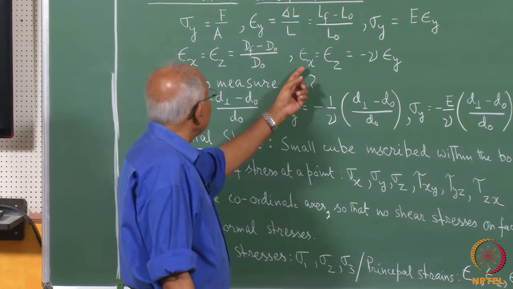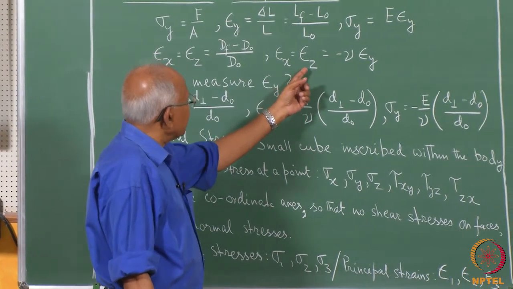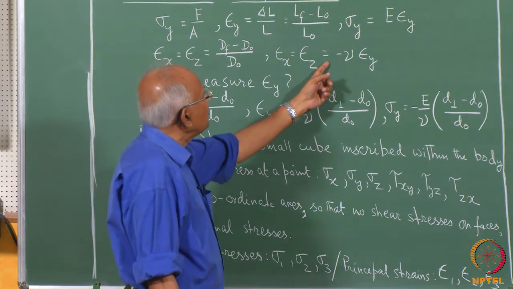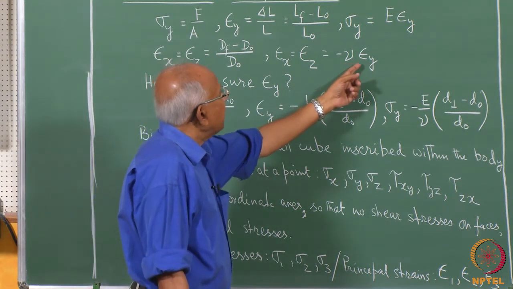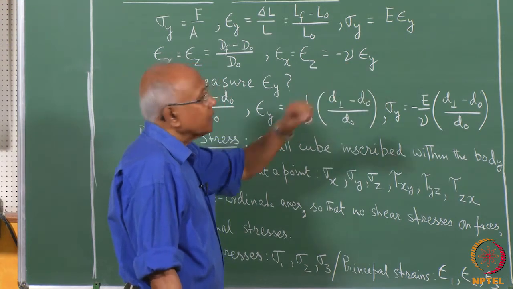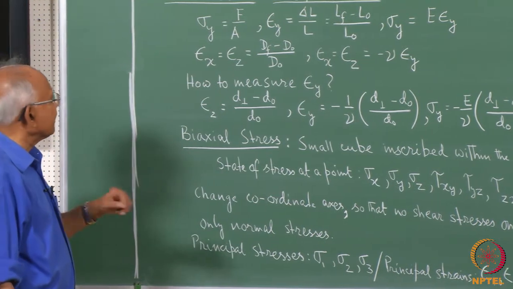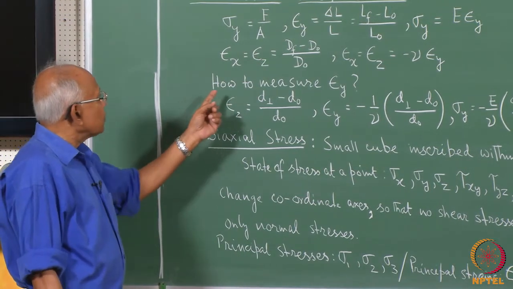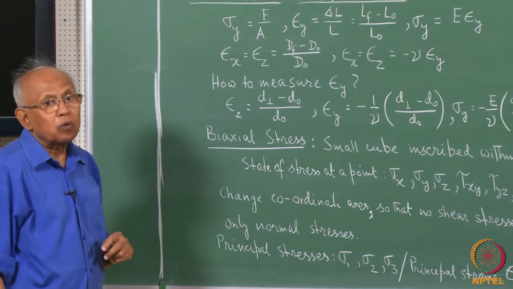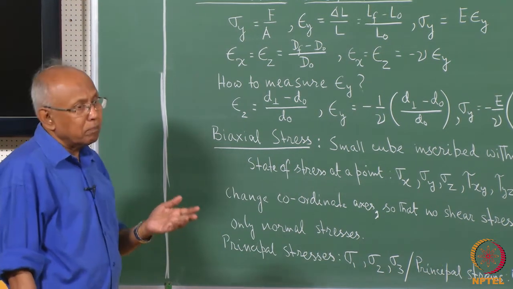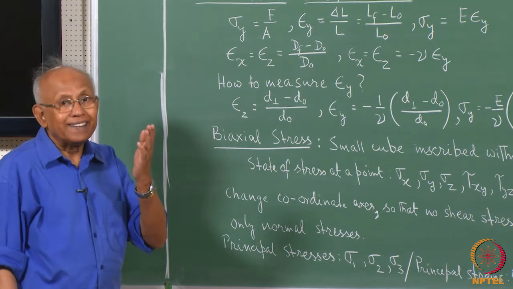So, epsilon x will be equal to epsilon z, and this in turn will be equal to minus nu epsilon y. Nu is the Poisson's ratio of the material which is being tested. Now, how do we measure epsilon y? I have already said the problems of measuring epsilon y directly.